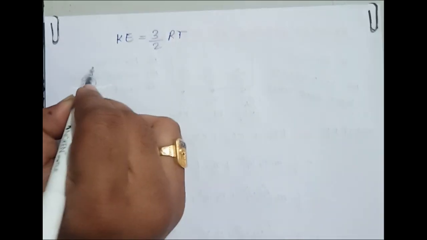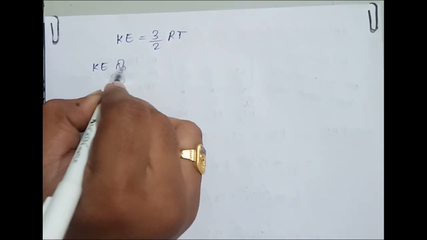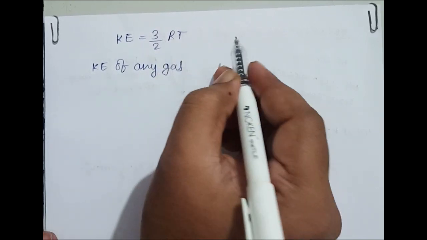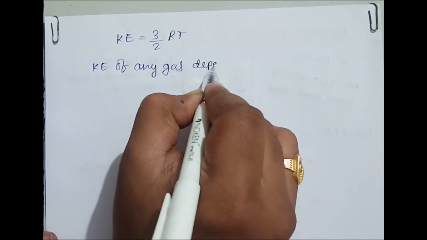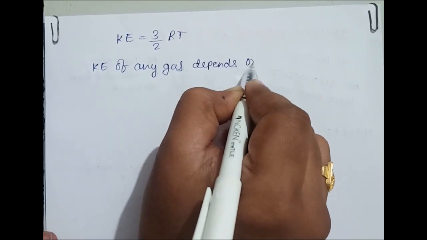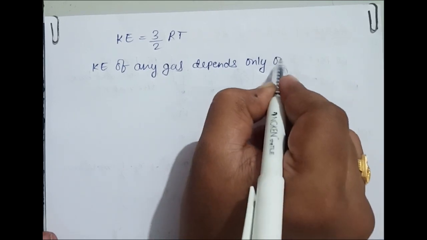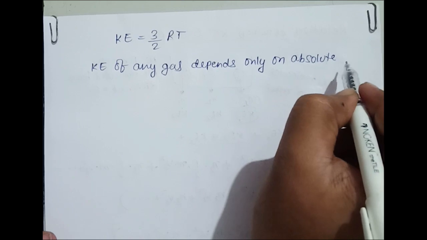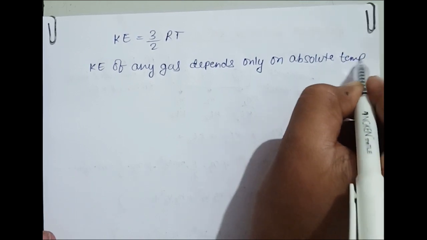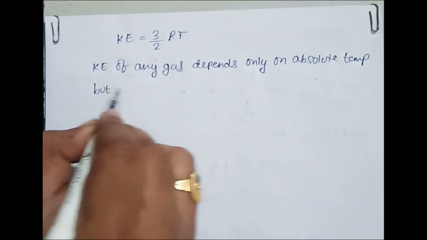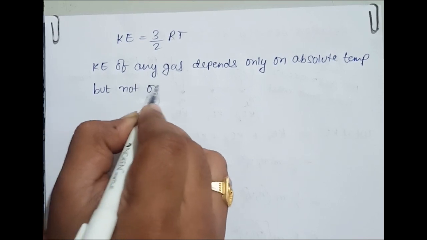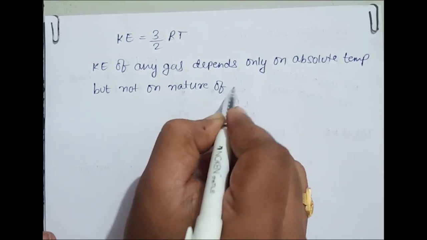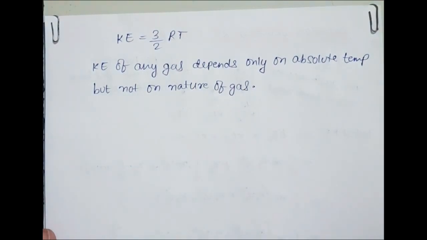Because R is a constant, kinetic energy of any gas depends only on absolute temperature, meaning temperature in the Kelvin system, but not on the nature of gas.